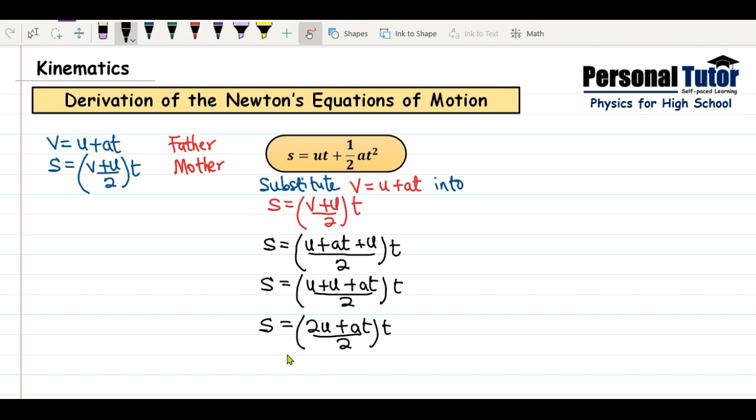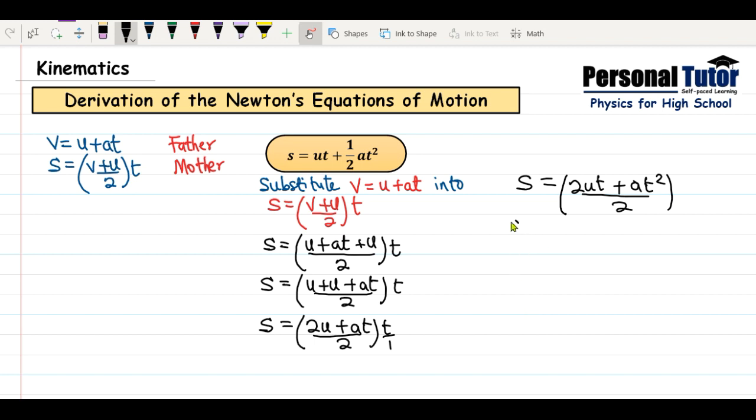Expanding the bracket, you have s equals, this t is over 1, don't forget, and so t times 2u will be 2ut plus t times at will be at squared. So all over 2. Okay.